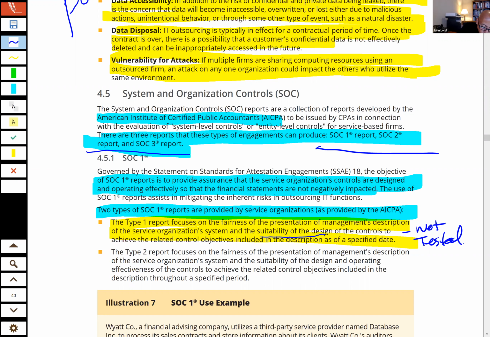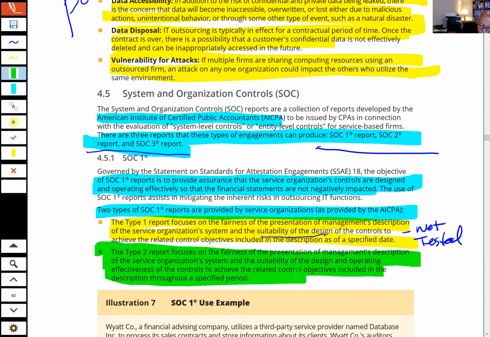What you'd really want, and big organizations like ADP would absolutely have, is an SOC1 type 2 report. Now, not only have they looked at the design of the controls, but they have also looked at the operating effectiveness. In other words, the controls were tested.